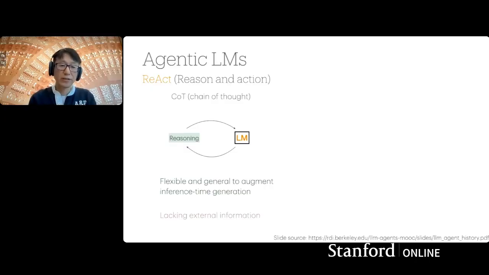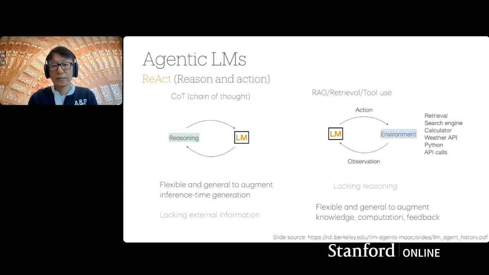The reasoning part is something you could encourage the model to do by using a method such as chain of thought. Then the action uses methods that we have seen in previous slides, such as retrieval or a search engine, using a calculator by making an API call, or different types of API calls such as the weather API, and also generating Python code so that you could run it as part of your sandboxes.